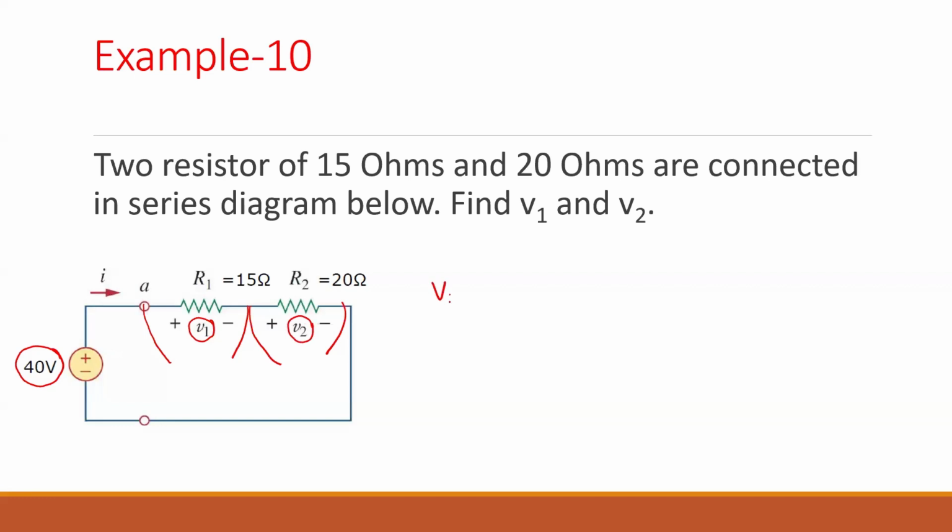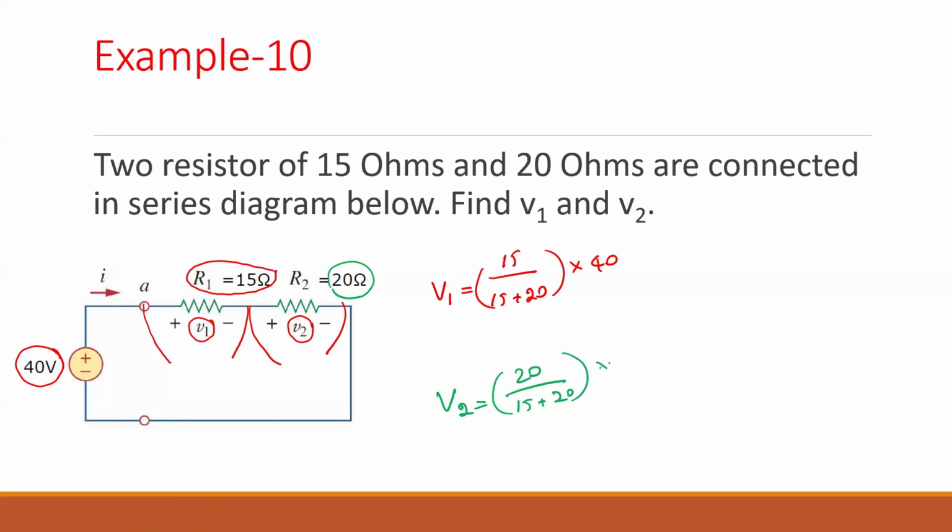If I want to find V1, how do we find it? 15 divided by 15 plus 20, times the total voltage, which is 40. Agree? Yep. If I want to find V2, that will be 20 divided by 15 plus 20, times 40.